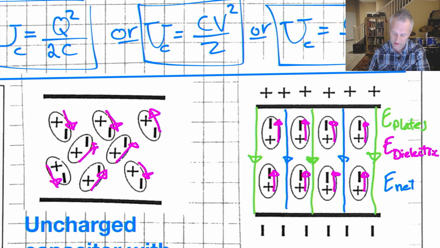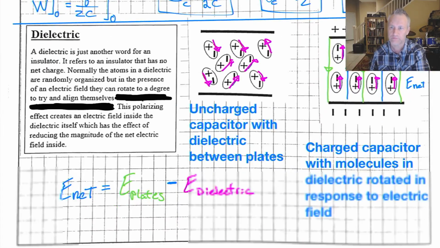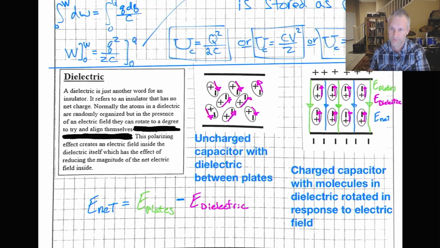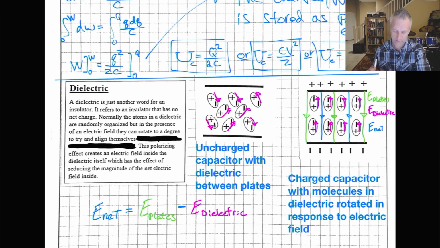And in total, this is going to give us a net electric field which points downwards. The electric field from the dielectric cancels out the electric field from the plates just a little bit. And that's what we have here. The net electric field is the electric field of the plates minus the electric field of the dielectric.